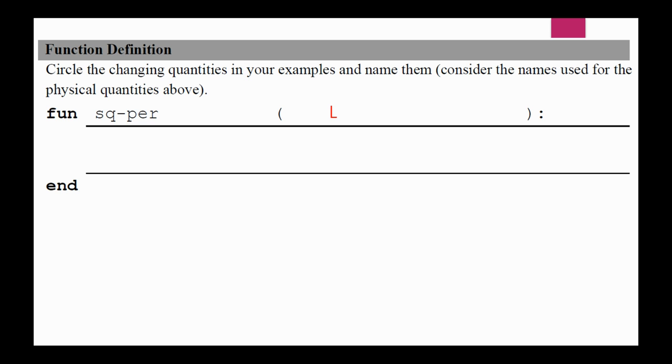So I would highly suggest using a capital L as opposed to a lowercase l, just to avoid any confusion. So anytime you use the letter L, use it capital. So the Squipper function is going to take in a variable L. And then it is going to perform the calculation of L plus L plus L plus L.